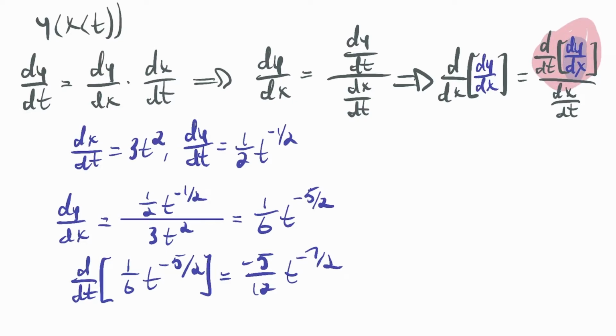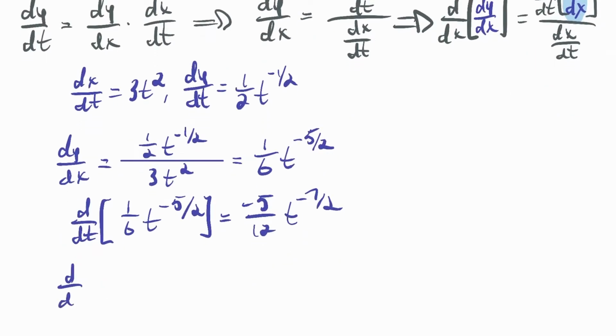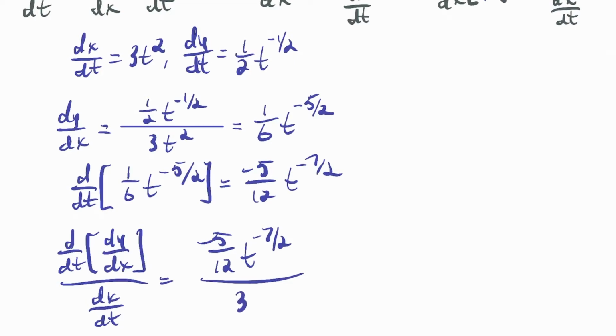So now I need to divide that by dx/dt. So d/dt of dy/dx over dx/dt will be negative 5/12 t to the negative 7 halves power over 3t squared.